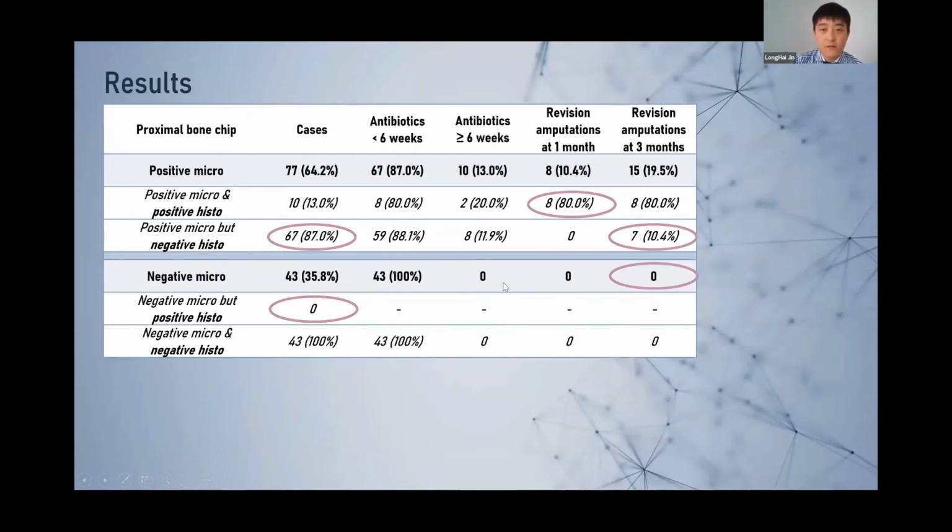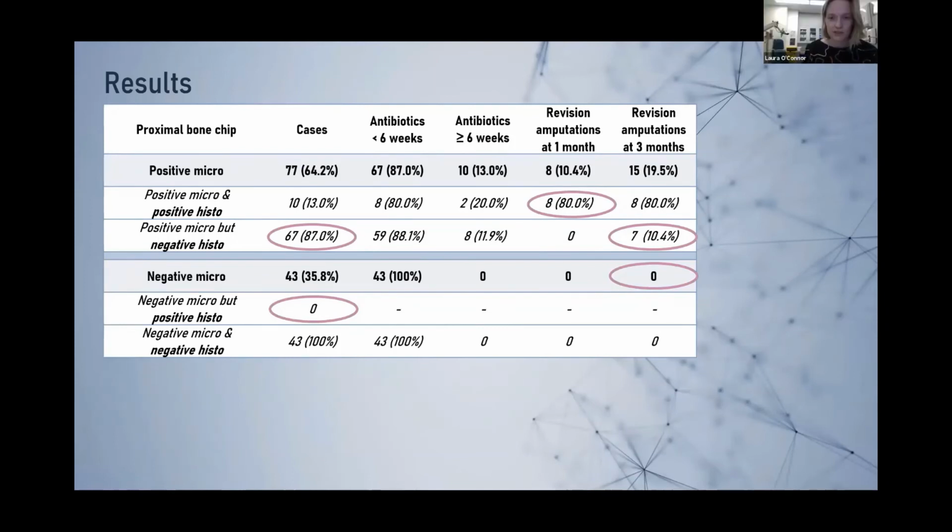And in terms of the positive micro, overall about 20% required revision amputations at 3 months. But if they had positive histopathology, then the chances of them requiring earlier amputations are a lot higher. So the positive histopathology has much higher predictive value.